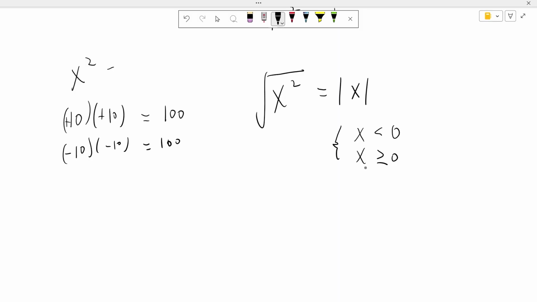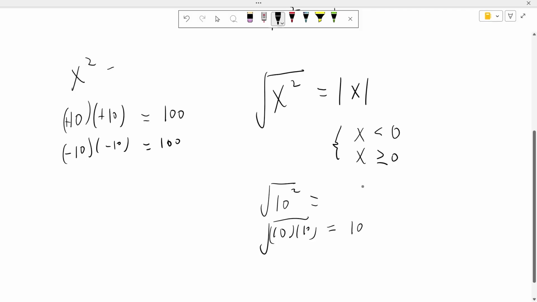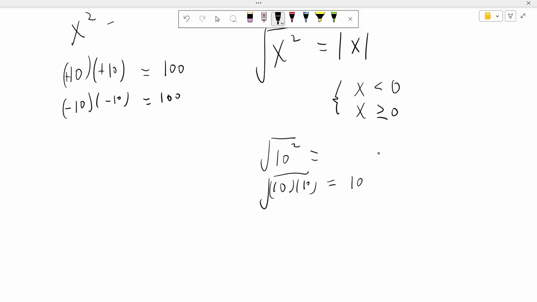So let's look at the case where x is 0 or greater than 0. We're going to use 10 again, and you get 10 back. So what if x was less than 0? So negative 10.